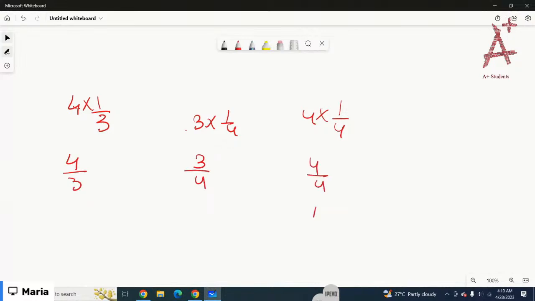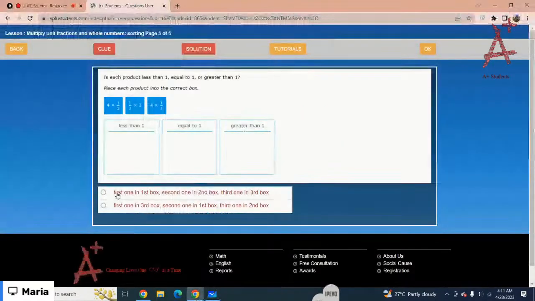That equals 1. It would be 0.7 something and it would be 1.3. Got it? So the second one is less than 1, the first one is greater than 1, and the third one is exactly equal to 1. So it would be the first one in the third box, the second one in the first box, and the third one in the second box.